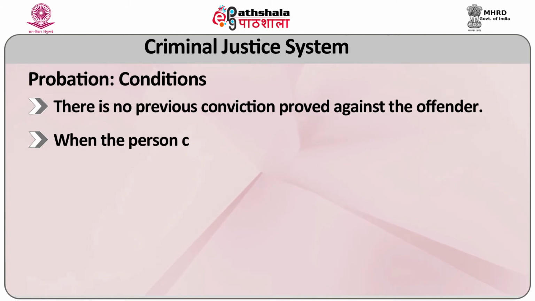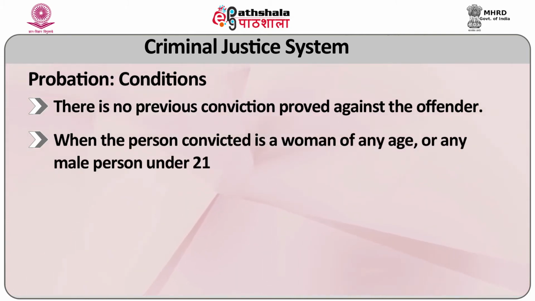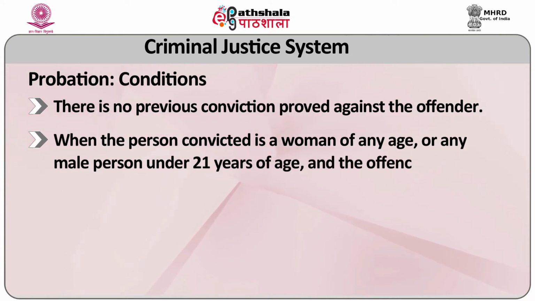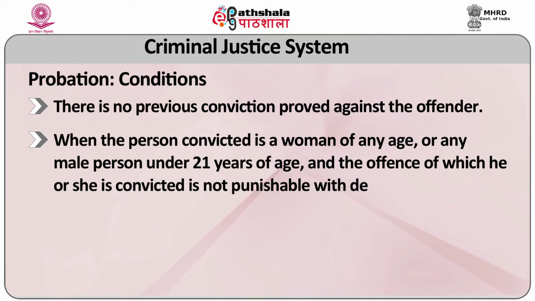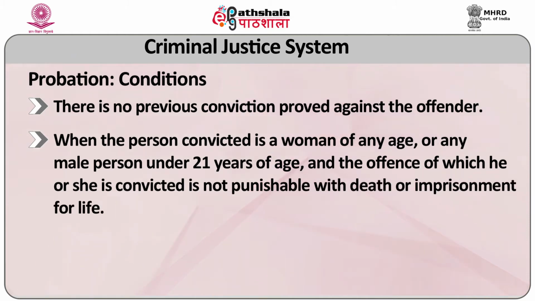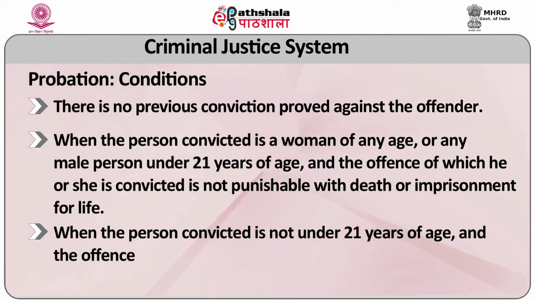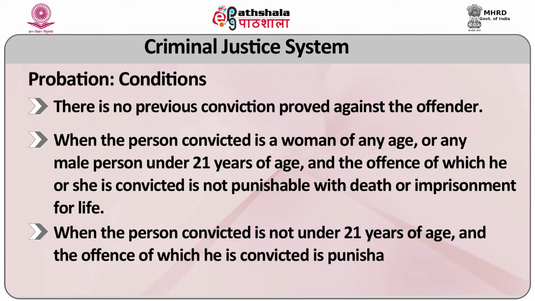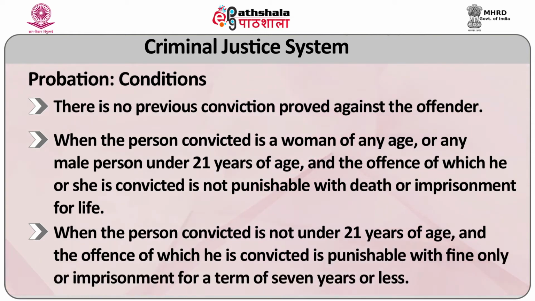Number 2, the person convicted is a woman of any age or any male person under 21 years of age, and the offence of which he or she is convicted is not punishable with death or imprisonment for life. Number 3, the person convicted is not under 21 years of age and the offence of which he is convicted is punishable with fine only or imprisonment for a term of 7 years or less.